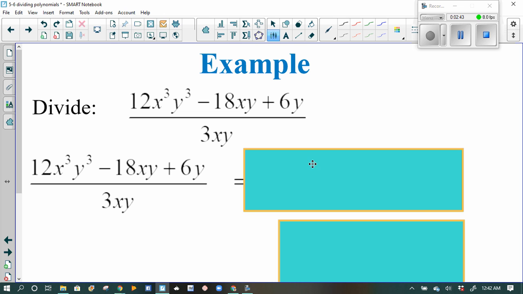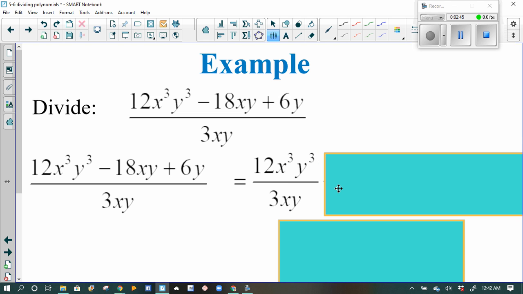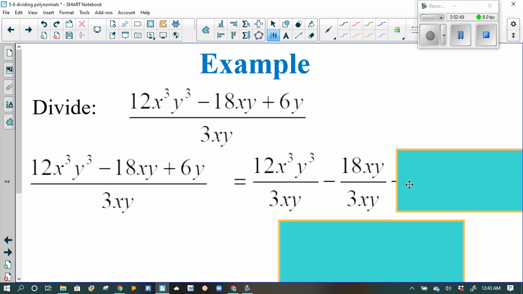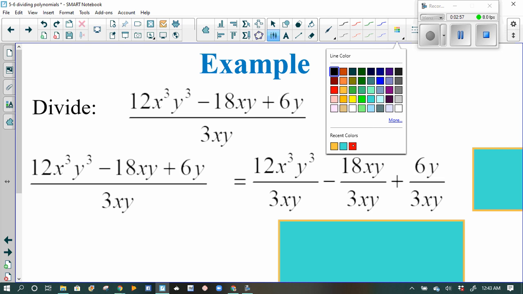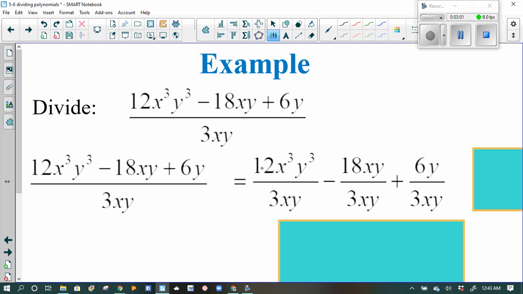If I was going to do the same thing here, I'm going to separate it: 12x cubed y cubed, negative 18xy, and positive 6y, and it all gets the same denominator. Now we are going to simplify each piece. 12 divided by 3 is 4.